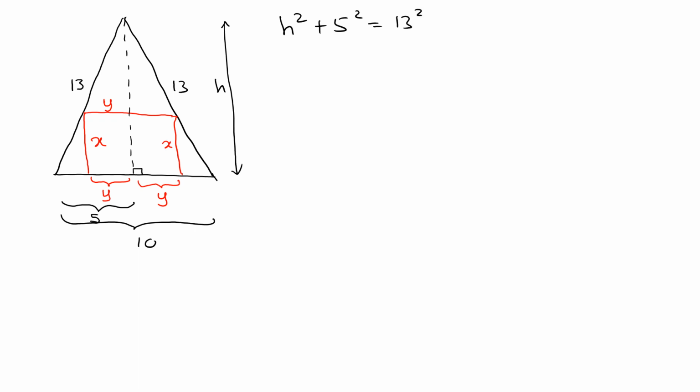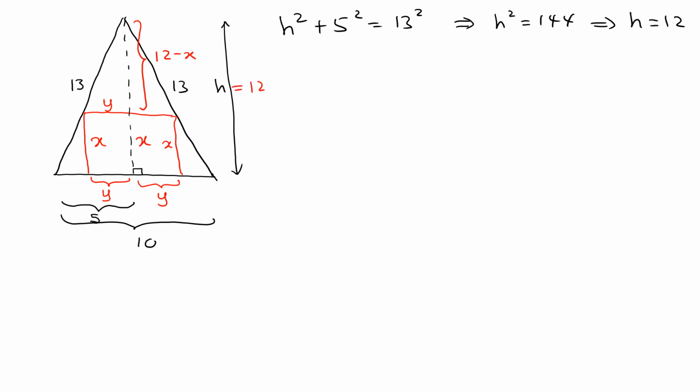Then h squared equals 144, so h is 12, because it's a positive number; you don't get plus or minus here. Since this side is also x, this side is going to be 12 minus x, because h is 12.